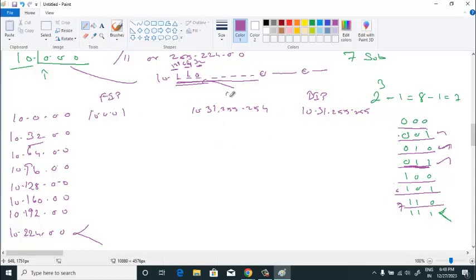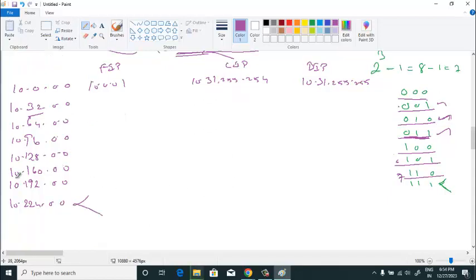Fill the remaining thing. I'll wait. Now, what is the broadcast IP of this one? What is the broadcast IP? Correct.